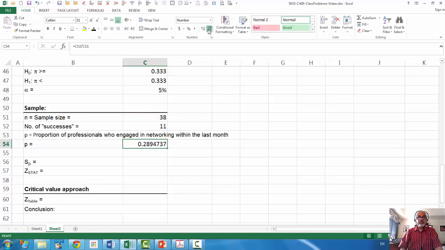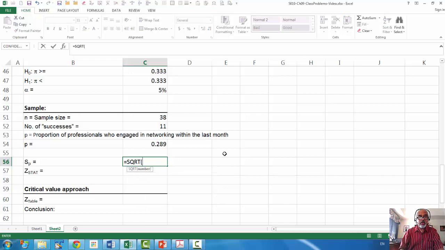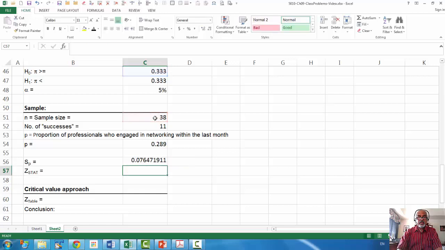Now S sub P: you have to use the value of pi in the hypothesis, so square root of pi times 1 minus pi divided by n. Now Z stat then is P minus pi divided by S sub P.